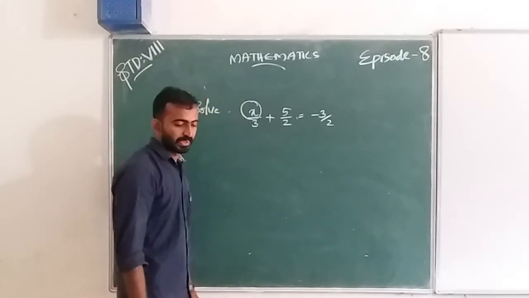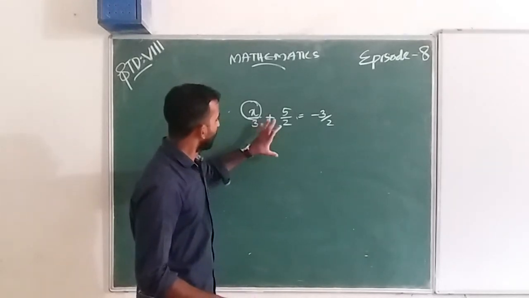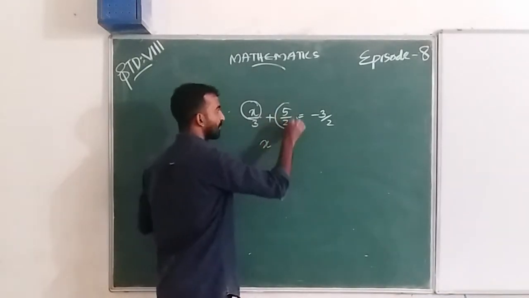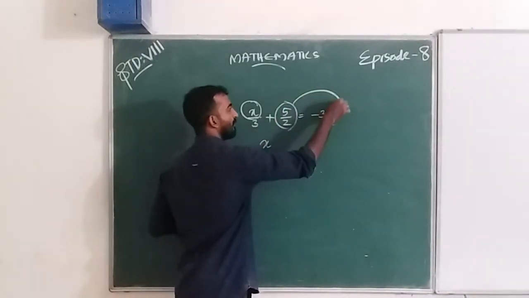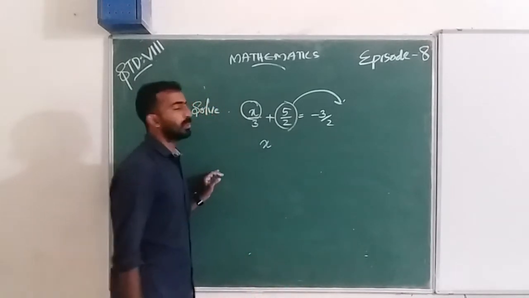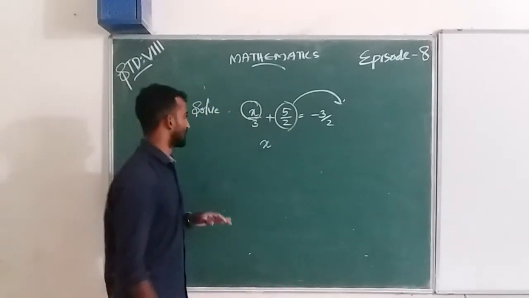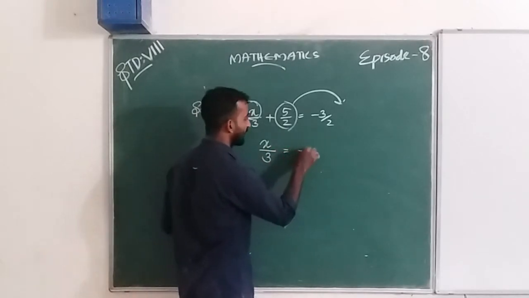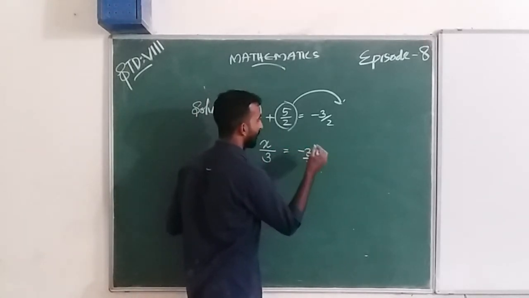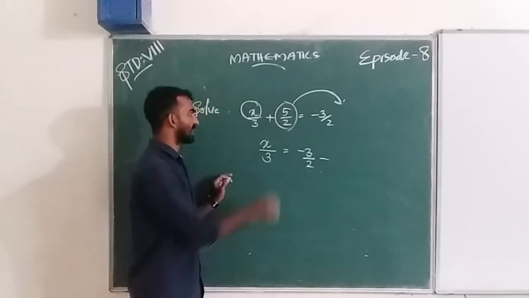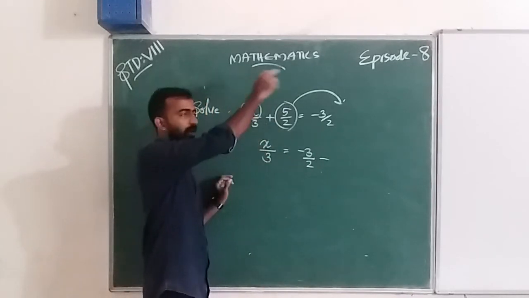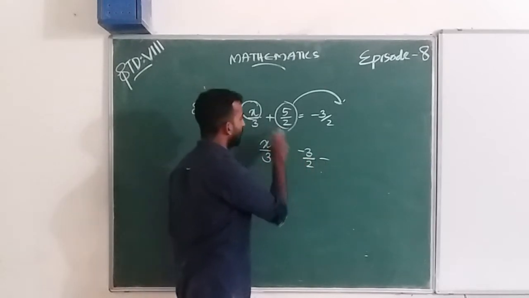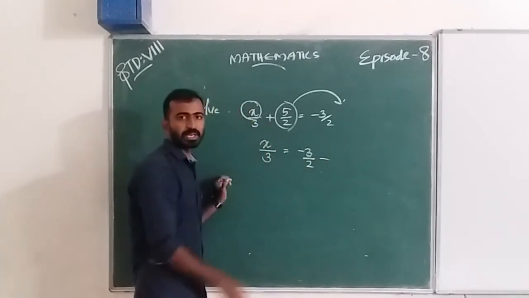Here we transpose 5 by 2 to the right side. That is, x by 3 equals negative 3 by 2 minus 5 by 2, because here it is positive, and when we transpose to the right side, plus goes to negative.